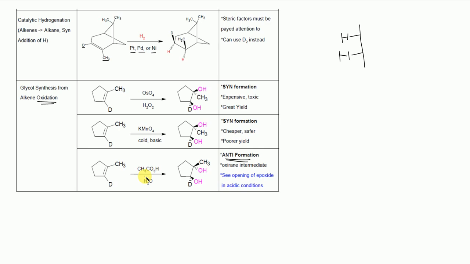We always have the syn reagents and then the anti reagents. So we have two syn reagents, and then the anti reagent, which is CH3CO3H, H2O, and it adds two alcohols in anti. There's no specificity that this OH should be dark wedge or light wedge, just as long as they're anti, and that's all that matters.